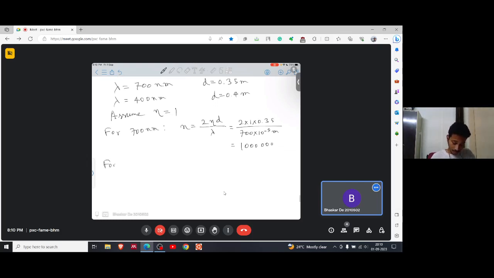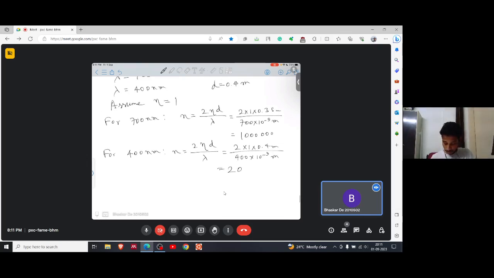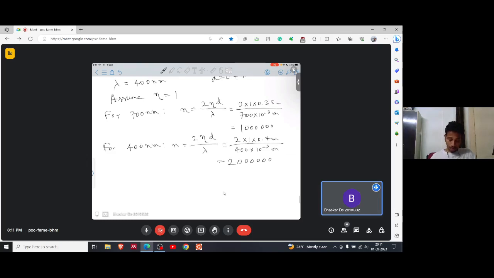For 400 nanometer, 2 eta d by lambda equal to 2 into 1 into 0.4 by 400 into 10 to the power minus 9. This will be 2,000,000. So there are 20 lakh longitudinal modes inside the cavity.